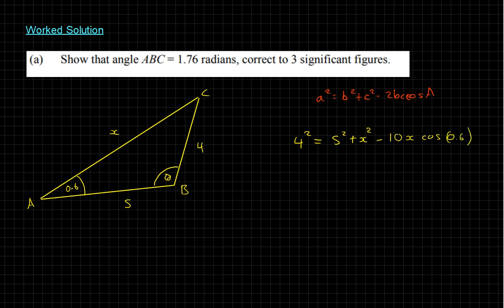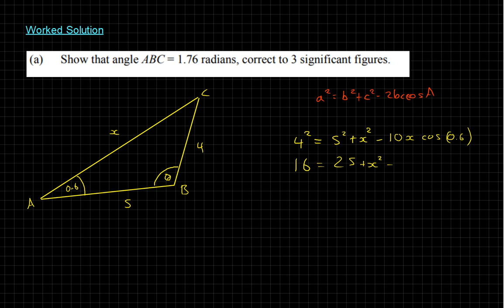This is a quadratic equation, so it's not quite as simple as we could have hoped for, but at least we know there's going to be a solution, hopefully. Well, there should be, right? Because as long as this construction is possible, then there will be a solution for x. So we've got 16 equals 25 plus x squared minus 10x times cos of 0.6.